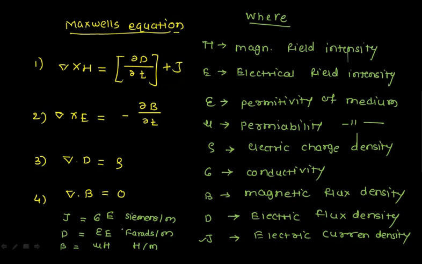So I'll start with my equation number 1 to understand how my wave equation comes about. Now here we are assuming that whatever field vectors we have, they are varying with respect to t and they are sinusoidal in nature.